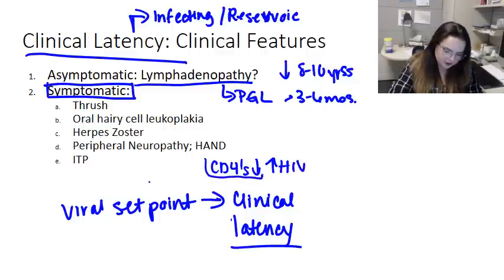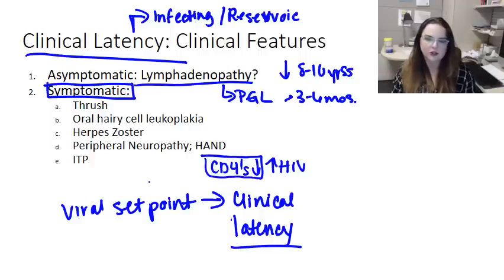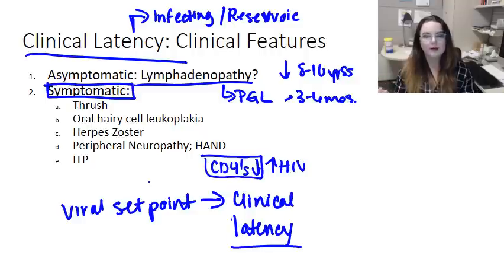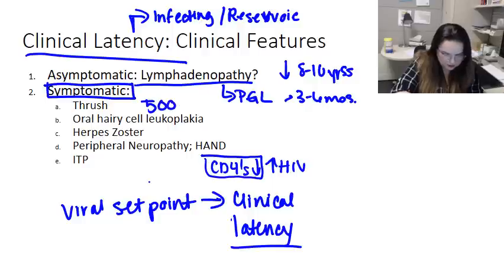As CD4s go further down, but before you've reached that level below 200 that is associated with an AIDS diagnosis, you may experience some conditions more commonly than patients who have a higher CD4 count, like an immunocompetent individual. So these conditions typically present in patients with a CD4 count between 500 and 200, okay?